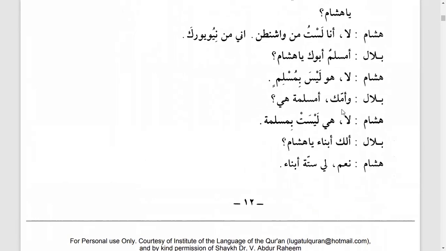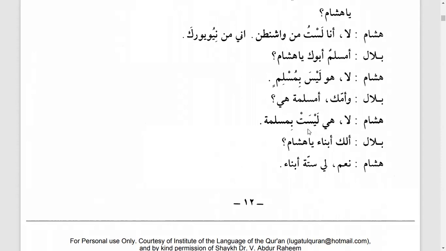Bilal: wa ummuka, and your mother, muslimatun hiya, is she Muslim? And also ahiya muslimatun, both of them are okay. It can be said either way.